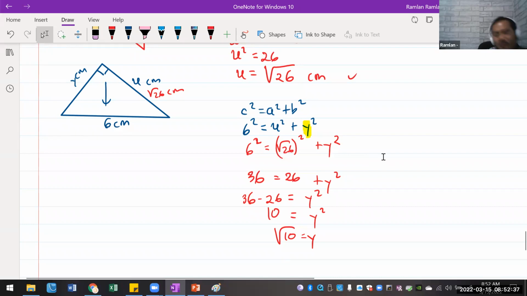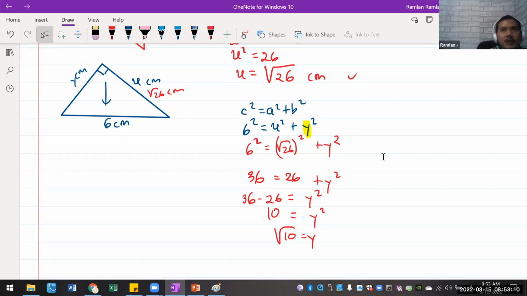Okay, so those are the three examples of how to use the Pythagoras formula in a shape which is not a right triangle, but we can make a right triangle inside or maybe outside, still using the main shape that we have from the question. Okay, so is there a question, guys? Hopefully all of these three examples will help you understand how to use the right triangle, the Pythagoras formula.